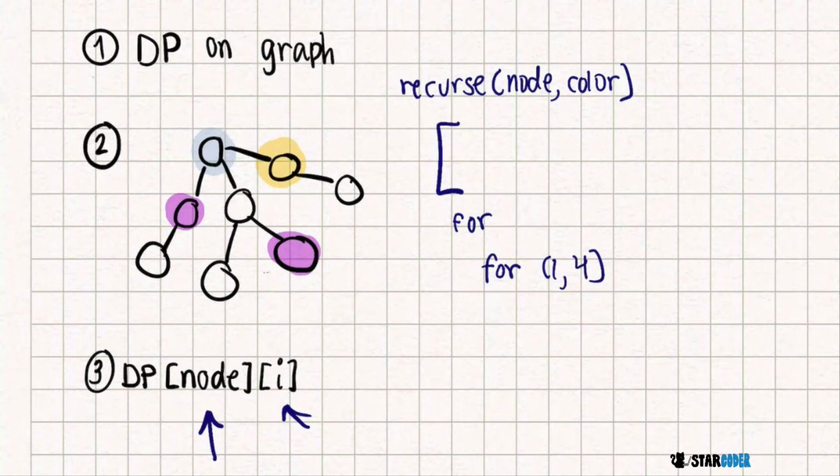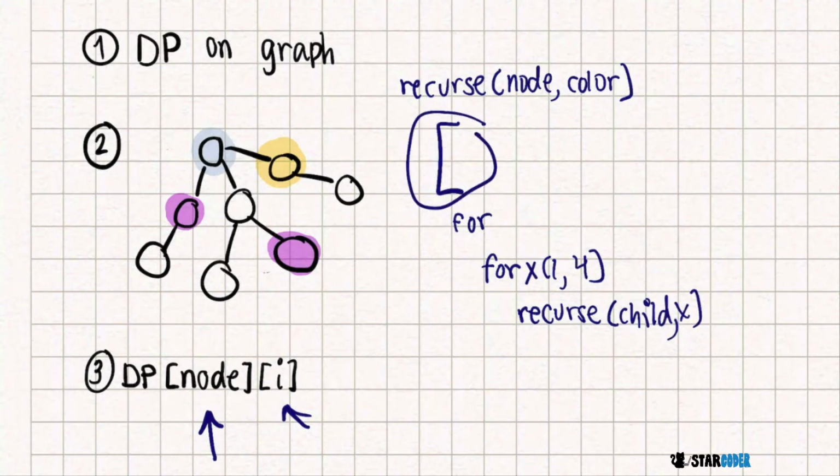Then I'm going to start here and call recurse on the child with whatever color this is. Over here, we're going to check. Let's say the current value here is already set to yellow.